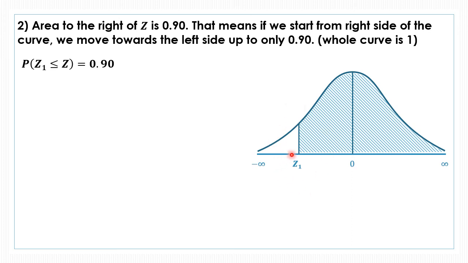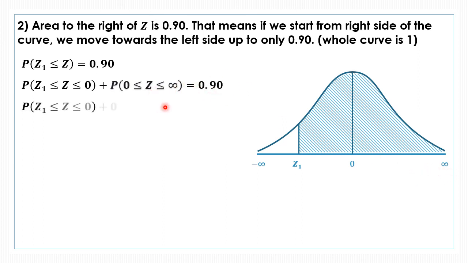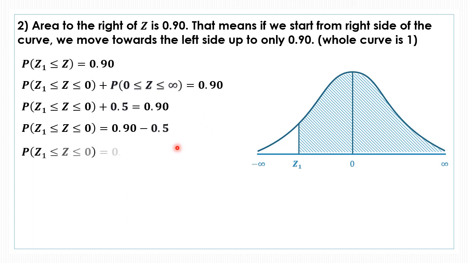So right now we know that it is from z1 to positive infinity. So we will take our probability as z1 to 0 and then 0 to infinity, which is 0.90. Now the area from 0 to infinity is 0.5, so z1 to 0 plus 0.5 is equal to 0.90. Simplifying it, 0.90 minus 0.5 will be 0.4.